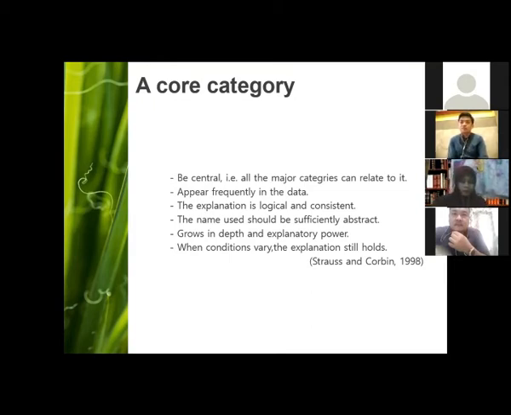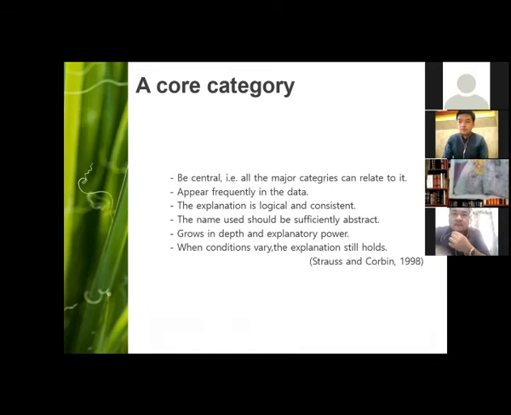Next is the explanation. The explanation that evolves by relating the categories should be logical and consistent. It means that there is no forcing of data.